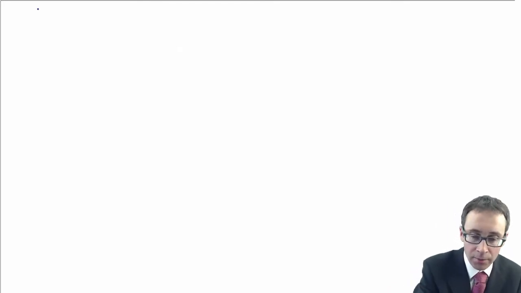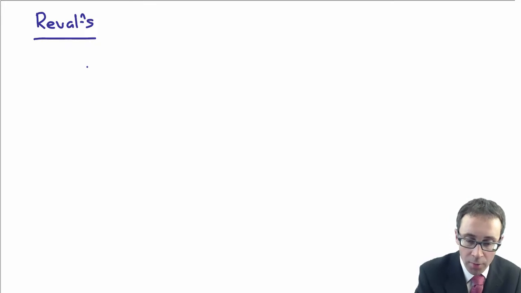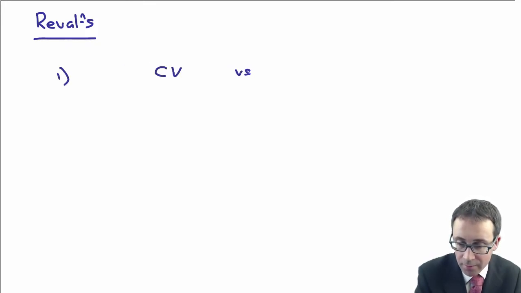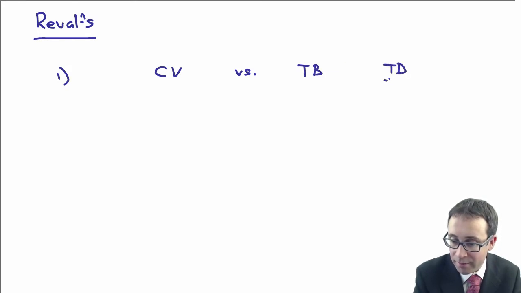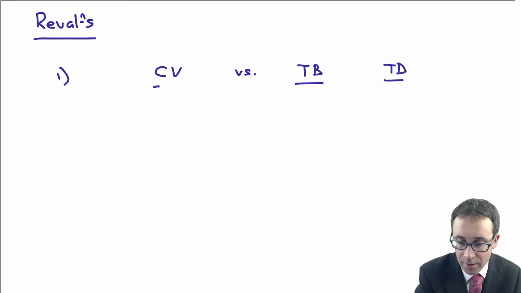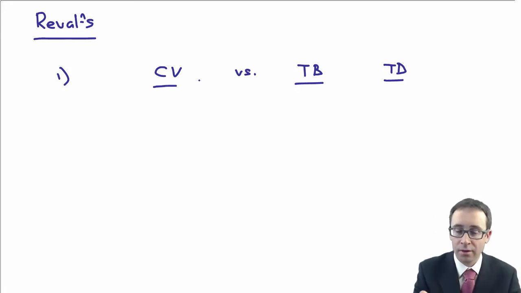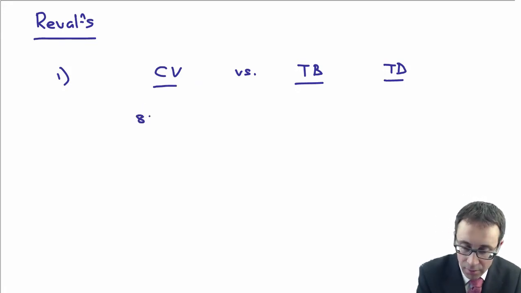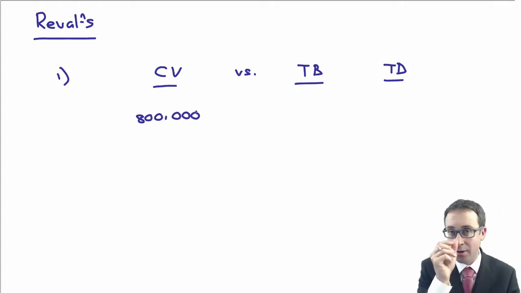So let's go through and have a look at how it all works, thinking about revaluations. Step one, carrying value versus tax base to give me my temporary difference. We're going to work it as normal, just as we did before. The carrying value at the end of the year after the revaluation is 800,000.